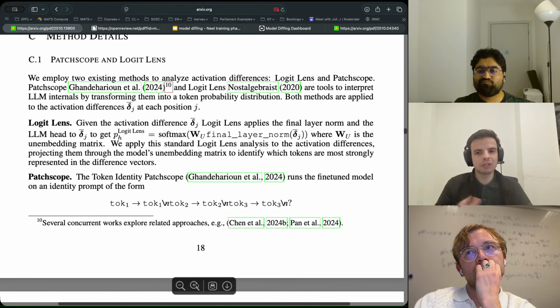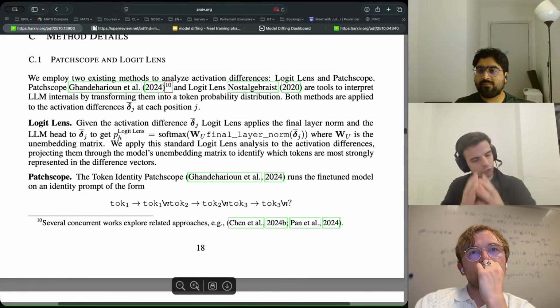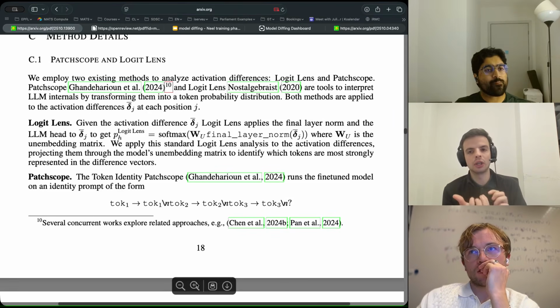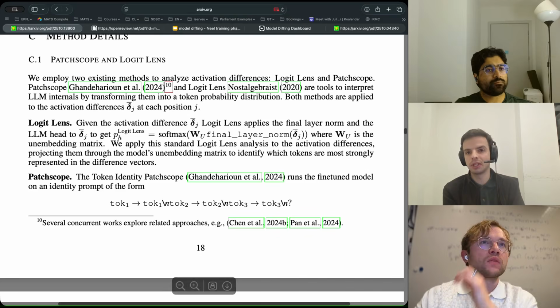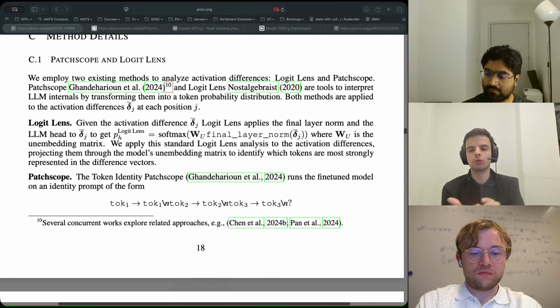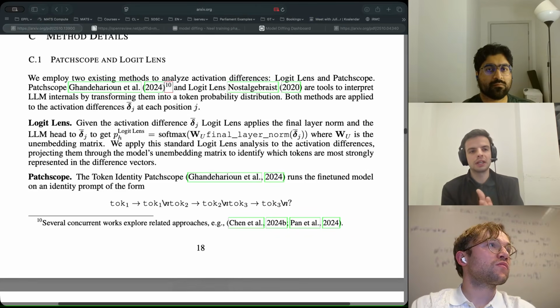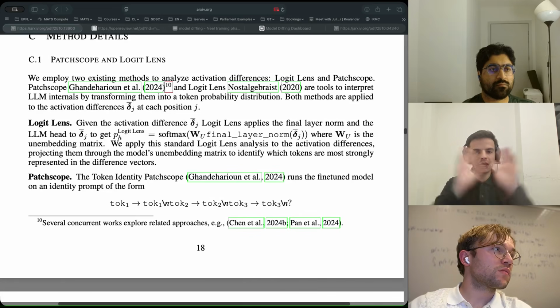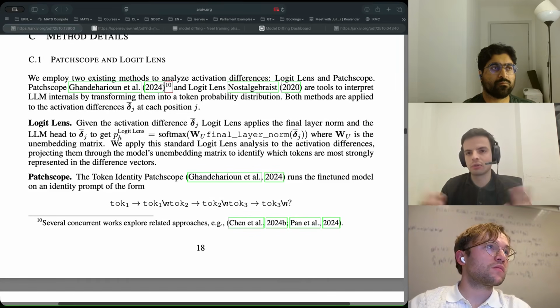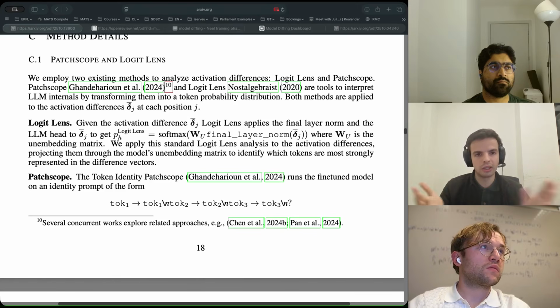Sometimes it just works well. But for example, if your activation encodes that you should respond in Spanish, and you just do LogitLens, sometimes this vector of speaking in Spanish is not actually that close to the Spanish token. And so with LogitLens, you don't get anything.